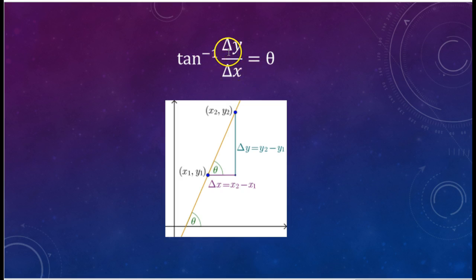So the arctangent of the slope gives us that special unit arc. If we know that this is the length 1, then it'll give us this arc length.